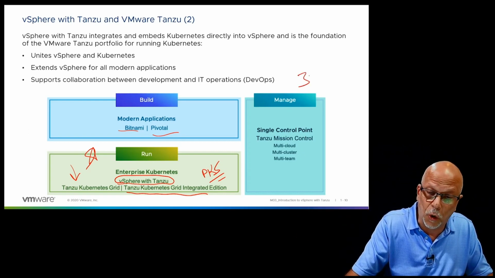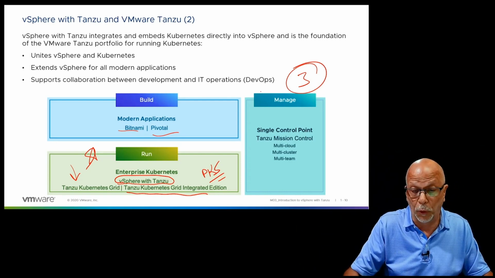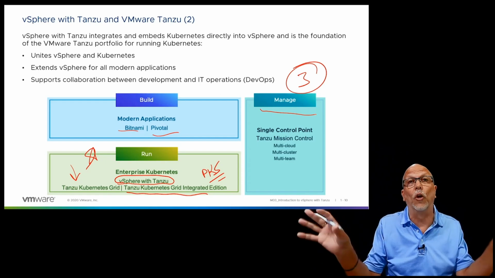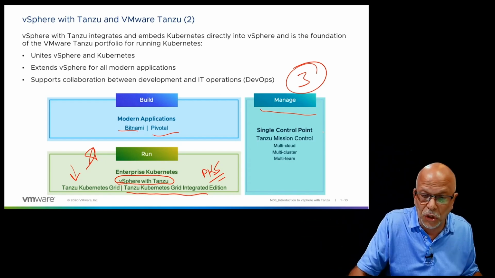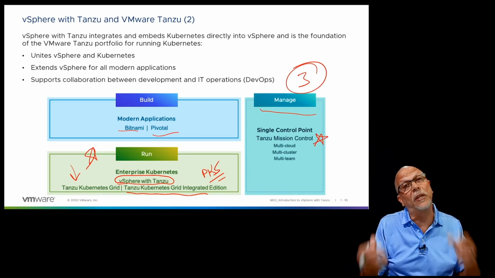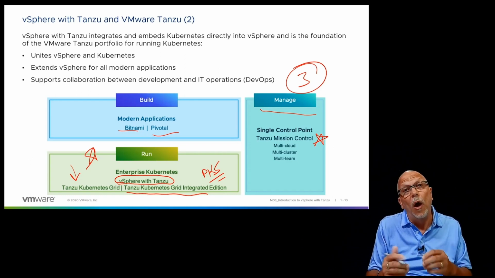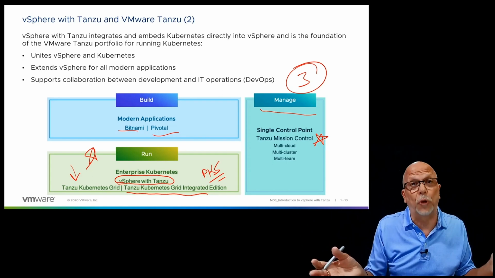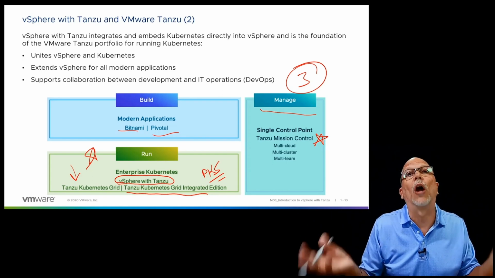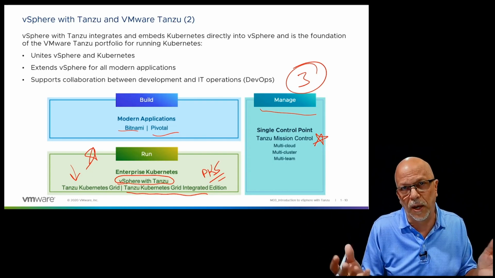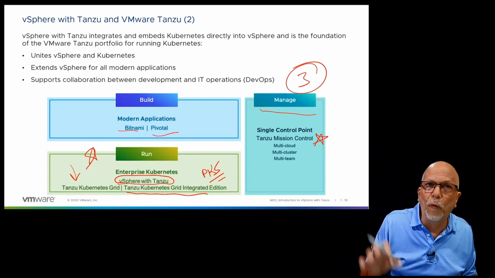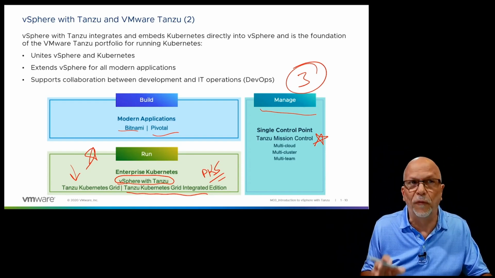The third piece over here with the Tanzu portfolio is how you manage across all of those platforms. And that's where a solution like TMC comes into play, giving you the ability to set policies across all of your Kubernetes platforms, regardless of who the vendor is or where the platform resides. So that's an overview of the whole Tanzu portfolio.